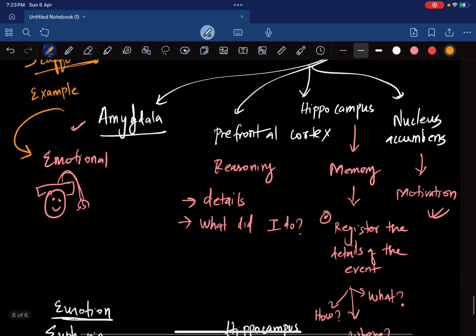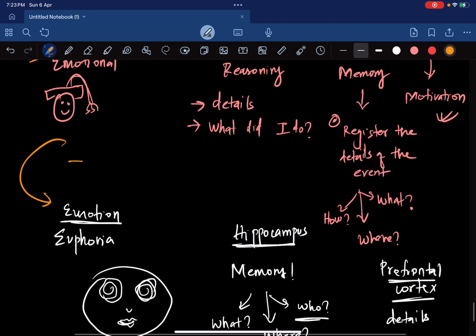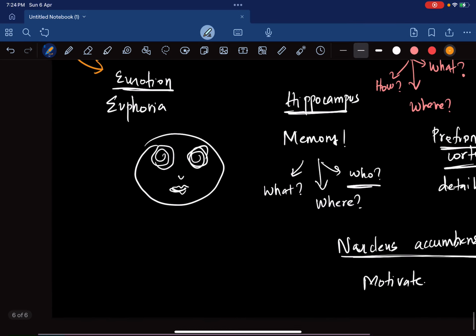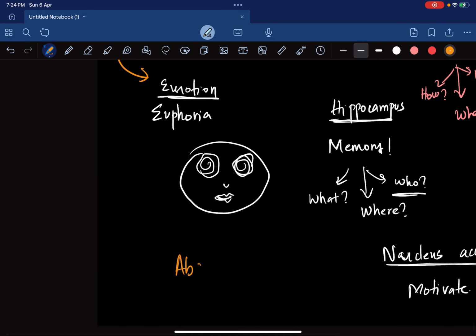Now, I'm asking them to transfer the knowledge that they've obtained just now, to transfer the knowledge in a different context. The real world application is how we drive a point home. Without real world application, the concept becomes abstract.